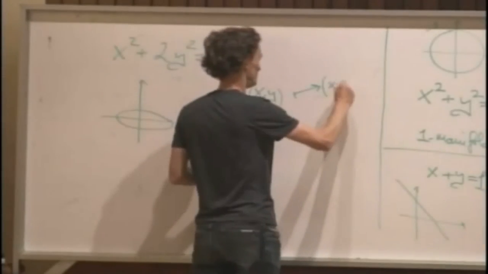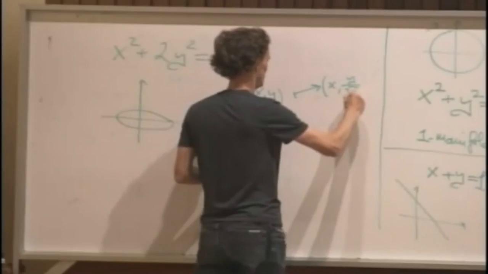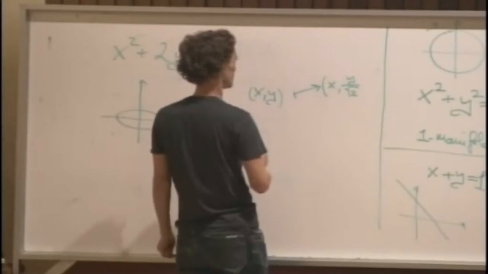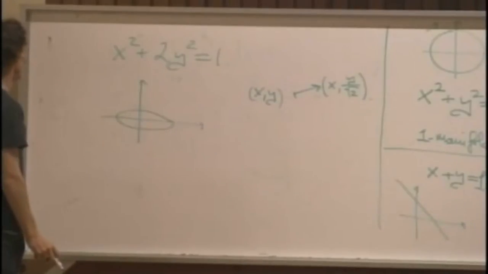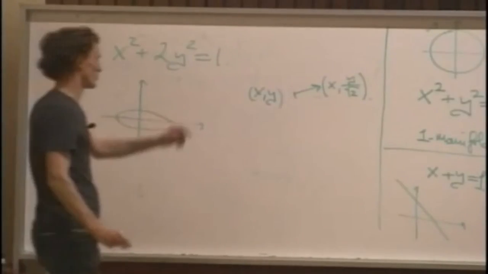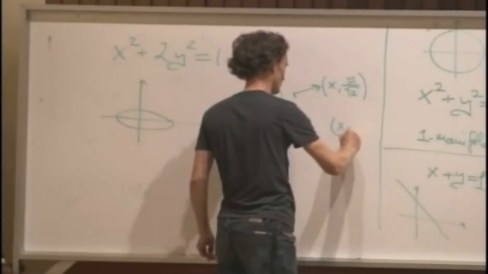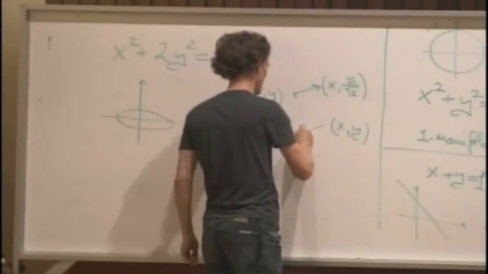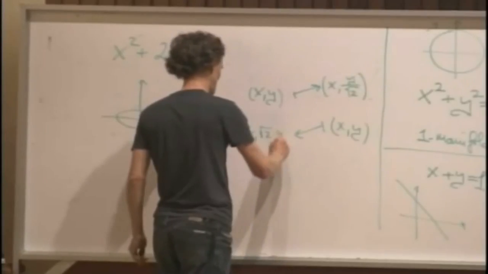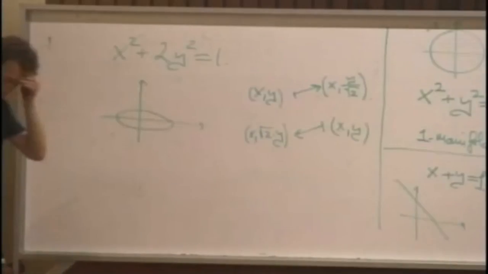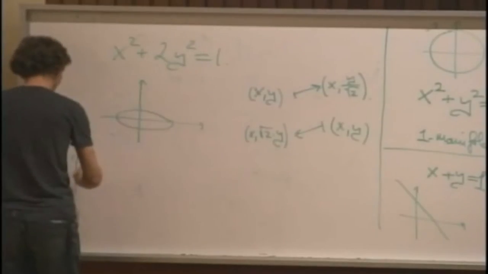Or multiply, I think, one of those. And conversely, if you have a solution to this equation, you can multiply y by square root of 2. So these manifolds are not equal, but they're what's called diffeomorphic.